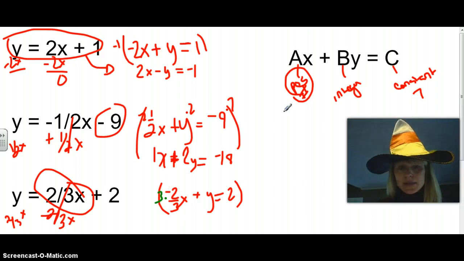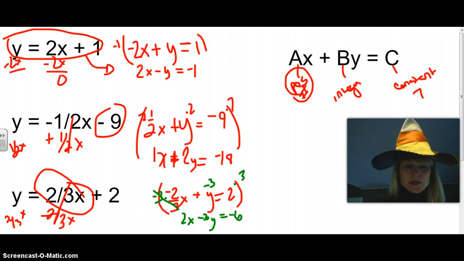However, it needs to be positive, so if I multiply by a -3, I think that'll take care of our problem. So those cross off. A negative gives you a positive 2x, and then -3 times y, -3y, equals 2 times -3, which is -6.